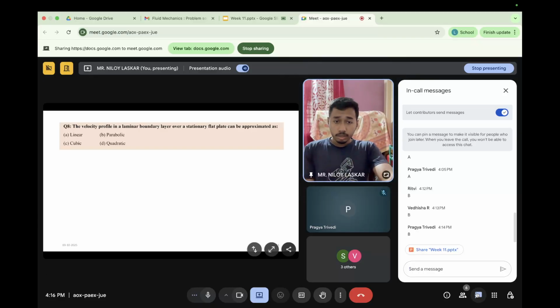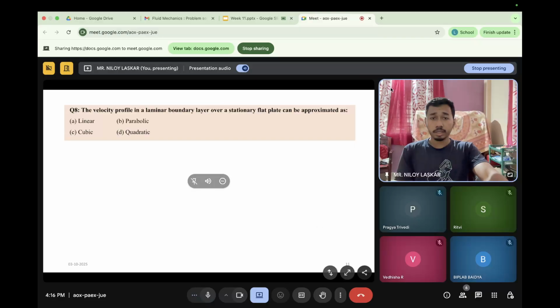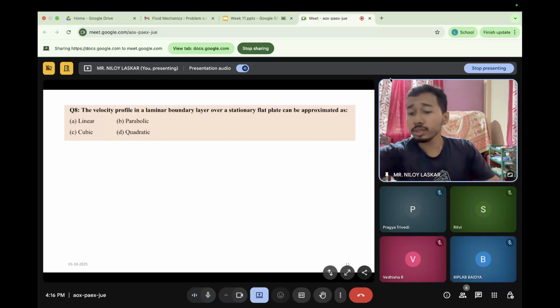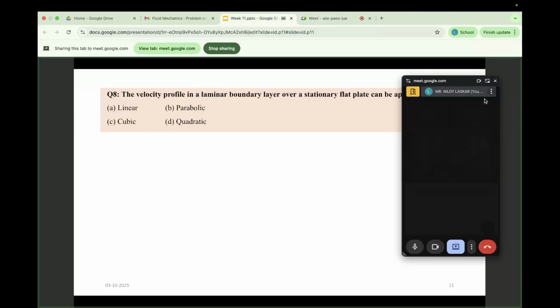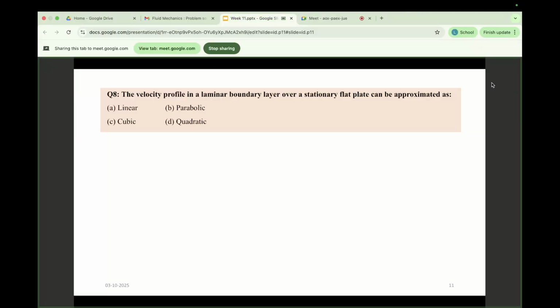Yes. So three people will say parabolic is the correct answer. So let us solve this one. So how do these velocity profiles look?